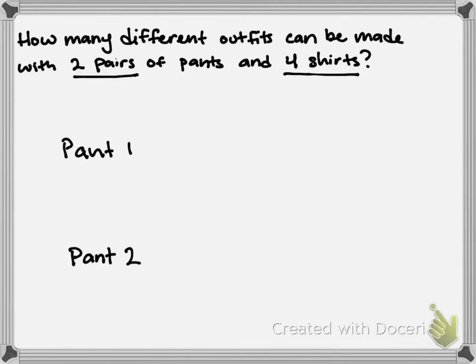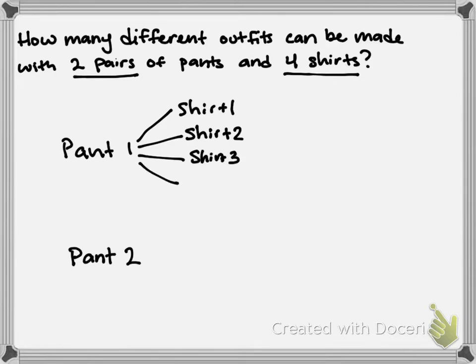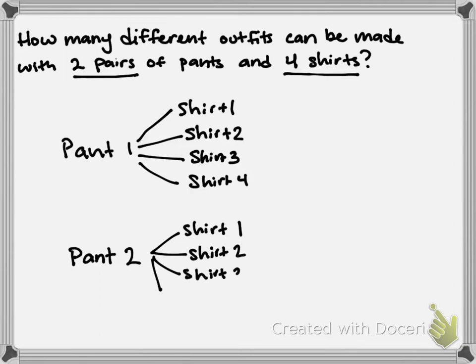So I have shirt 1 that I can pair with this, shirt 2, shirt 3, shirt 4, and then I could do the same thing with pant 2: shirt 1, shirt 2, shirt 3, and shirt 4.